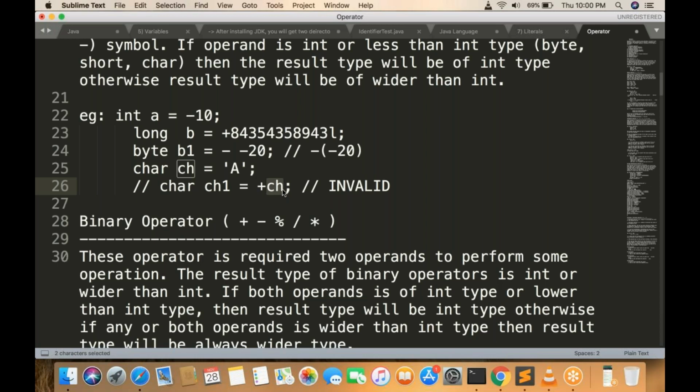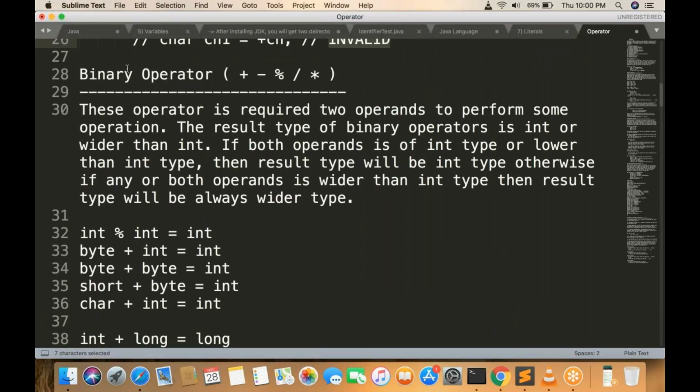So if it is int or lesser than int, what is the result type of this? Int, right? If it is returning int and you are trying to store it inside a char, that is invalid. Similarly, a binary operator requires two operands. If both the operands are of type int or lesser than int, the result type would always be int.